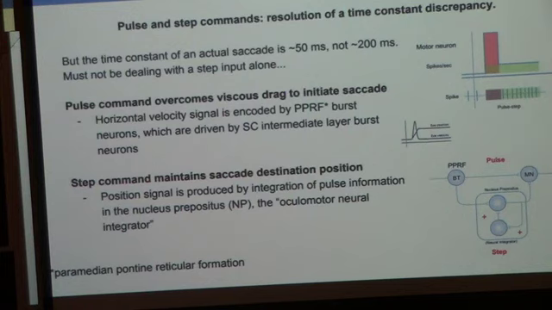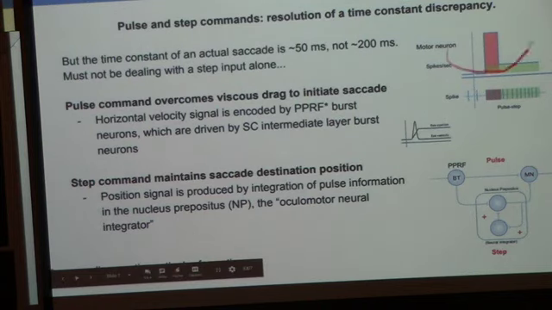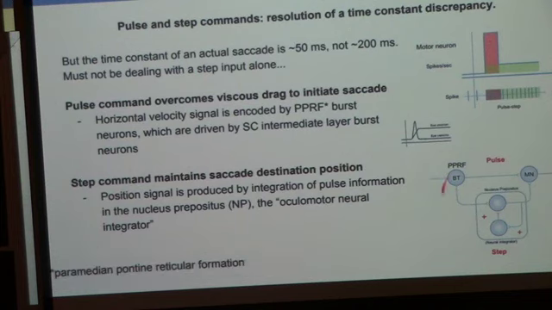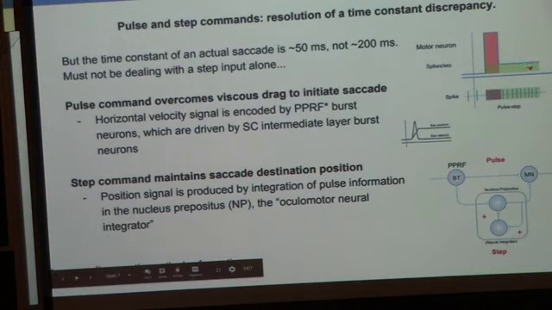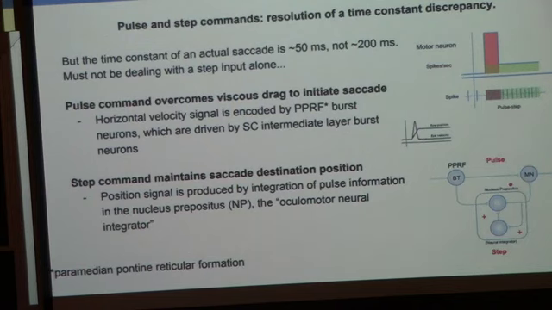So we say that there are burst cells, which have some burst of activity, denoted here as pulse input, which then goes into what we call our oculomotor integrator, or the nucleus prepositus, and that integrates the pulse input to form a step input, and that's what drives the motor neurons. That's how we modify our model to better fit the time constant that we see physiologically.